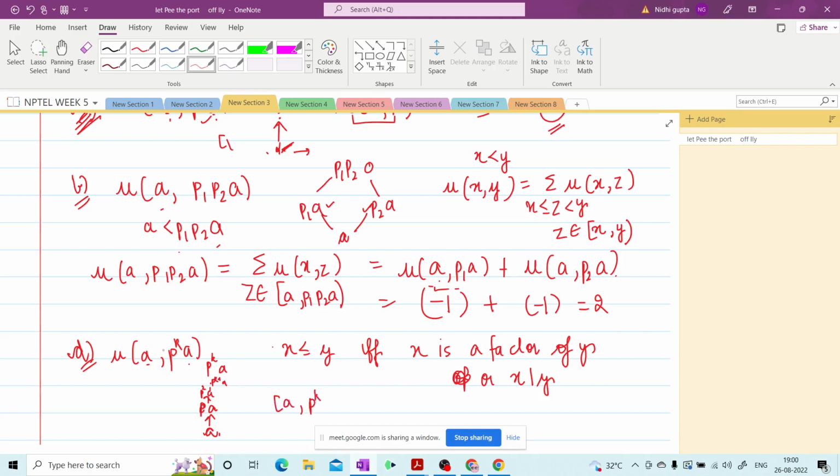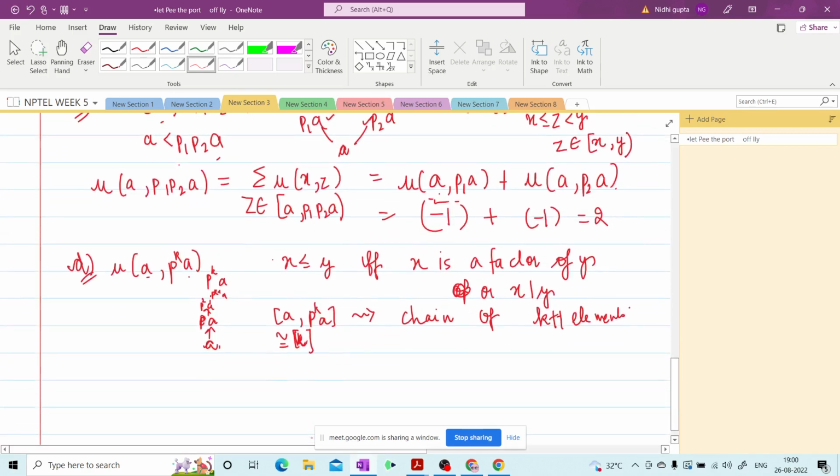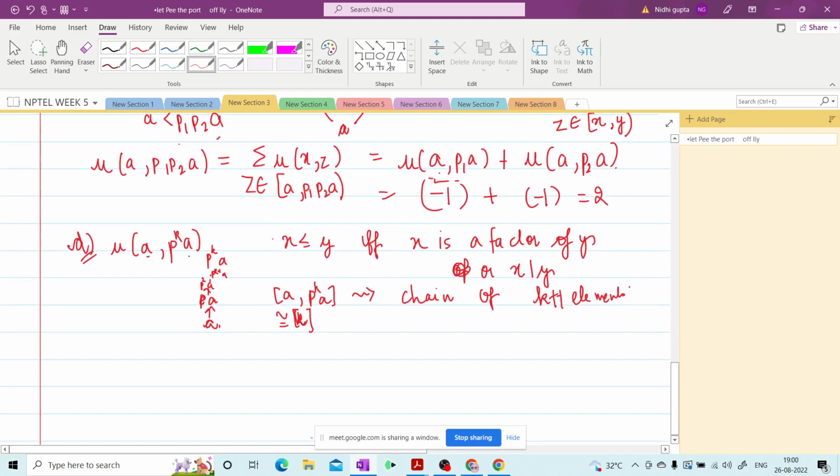So we see that the interval A to PKA is a chain of K plus 1 elements, and this is basically isomorphic to the K chain, because it is a chain of K plus 1 elements.